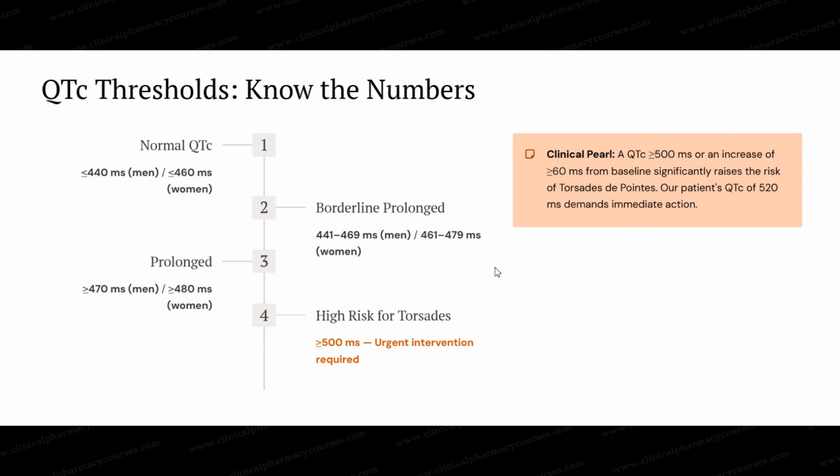An actual prolonged QTc that would require you to do something about would be anything 470 milliseconds or higher for men, and 480 milliseconds or higher for women. Now, keep in mind that a QTc of 500 or more is considered a high risk for Torsades de Pointes, and urgent intervention is required for those patients.